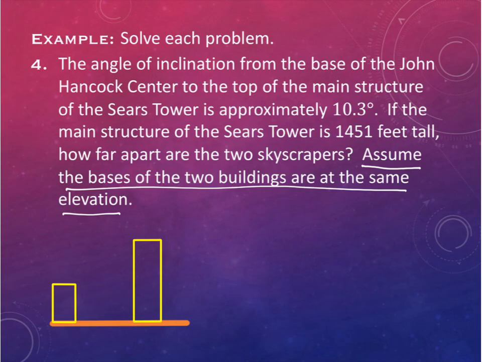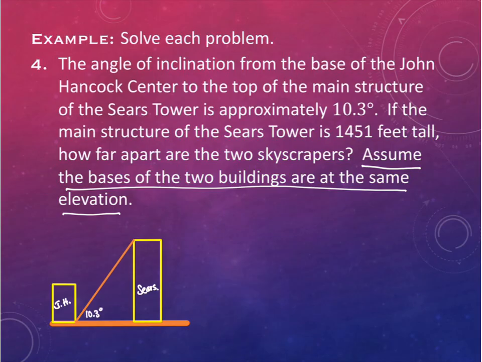One of them is the John Hancock building, so I'll just abbreviate it like this. And then the other one is Sears. And it says that the angle of inclination from the base of John Hancock to the top of the Sears Tower, definitely not drawn to scale, is 10.3.